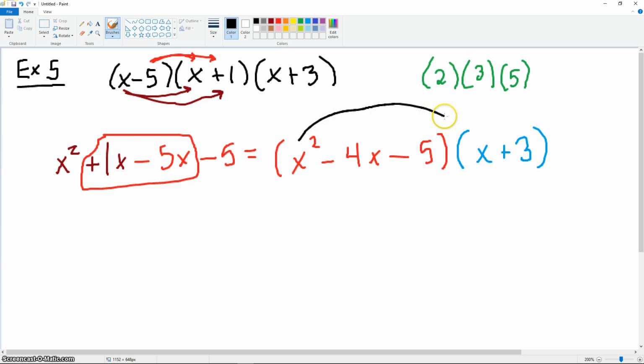So we have x squared times x, and that's going to give me x cubed. And x squared times 3, and that's going to give me 3x squared.